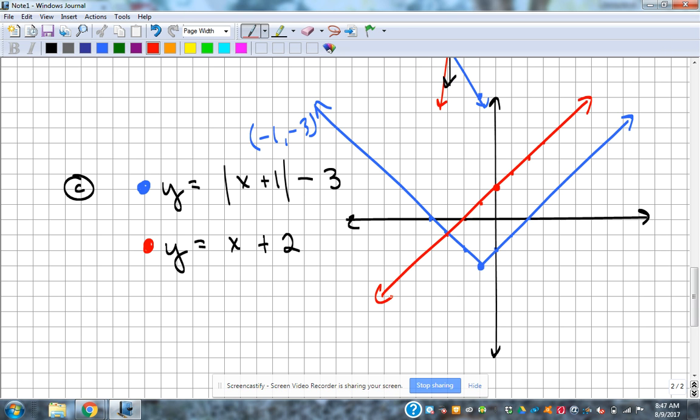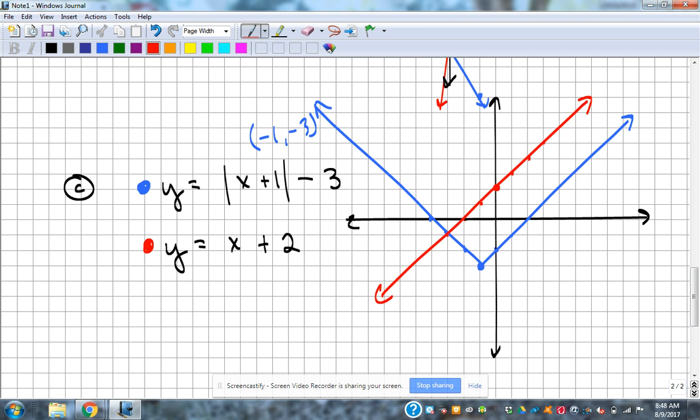Why not? Yeah, the one going to the right is the same slope, because this was up 1 over 1. This one was up 1 over 1. So the right-hand side of the absolute value is parallel to that line. Just happens to be. It doesn't always happen that way. But here we do have a solution. We got a place where it crossed. So here we got one solution.